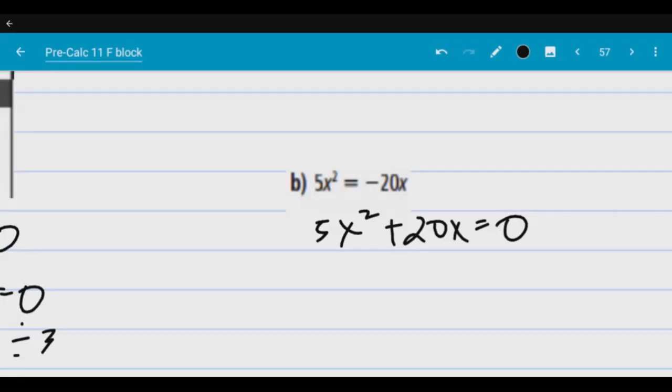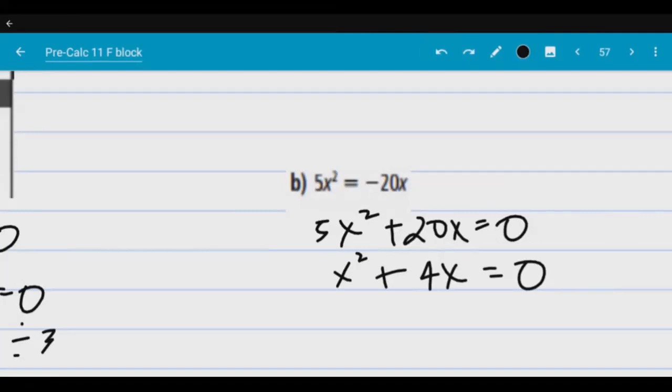So x squared plus 4x is equal to 0. Now, if you're thinking, what the heck happened? So what I did was I factored out the 5 from the first term and the second term. But really, when you factor it out, I'll just divide everything by 5 anyway. So I just did that in one step.